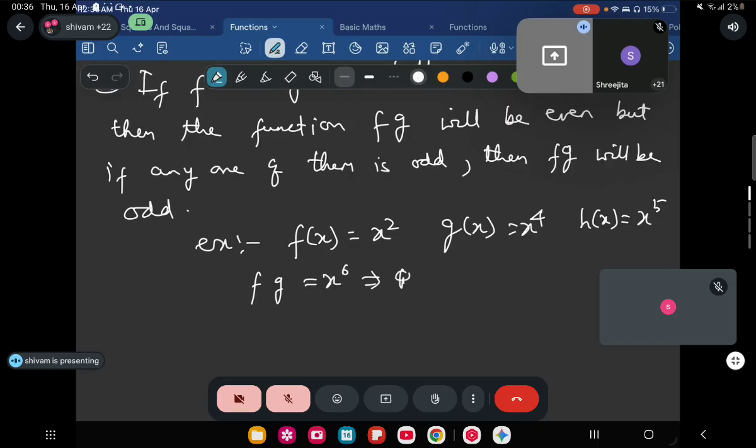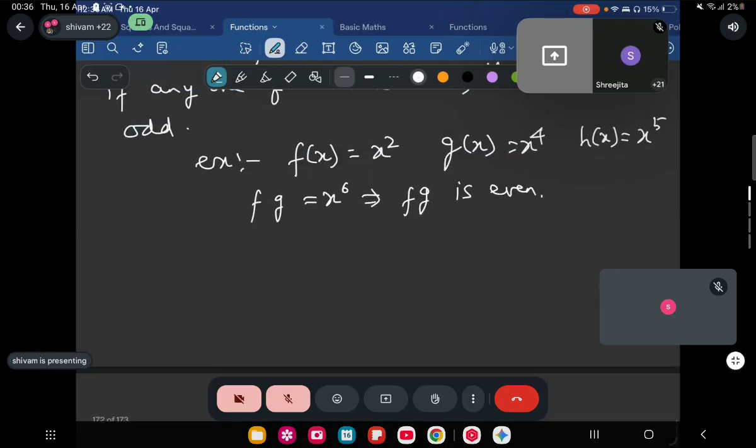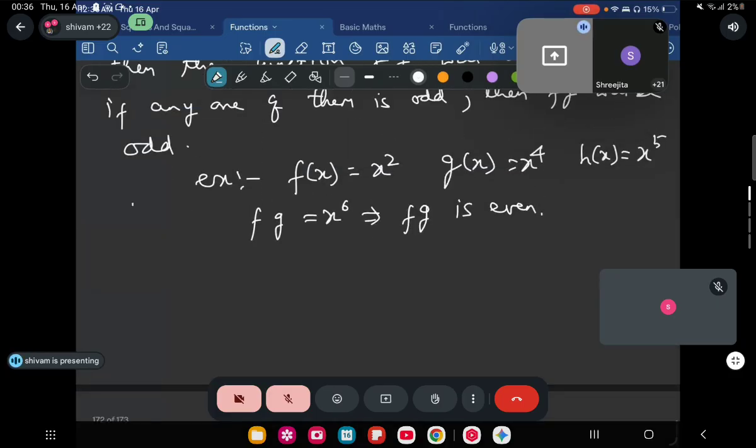This implies f into g is even. Let us take one more function, k of x is equal to x cube. h into k is equal to x to the power 8, which is even. So if you multiply two odd functions, you get an even function.